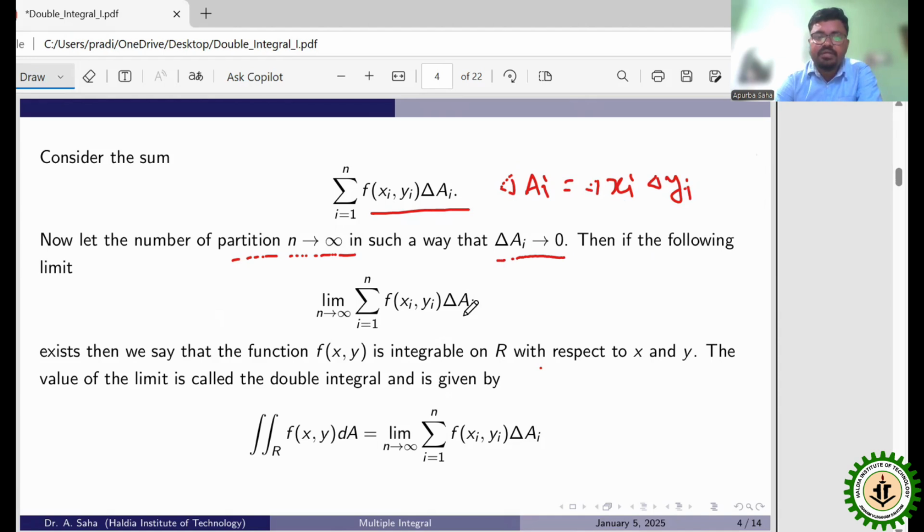Then if the following limit exists, we say that the function f(x, y) is integrable over the region R with respect to x and y.